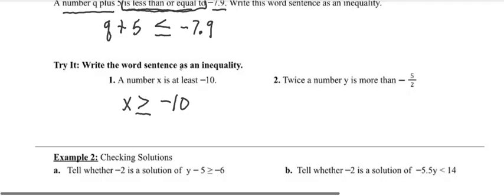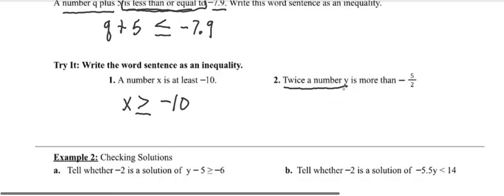Great. Okay. Now, number 2, Carmen, how did you do on that one? I don't know. Okay, so this right here says "twice a number y." If I take twice something, what am I doing math-wise? Times 2.